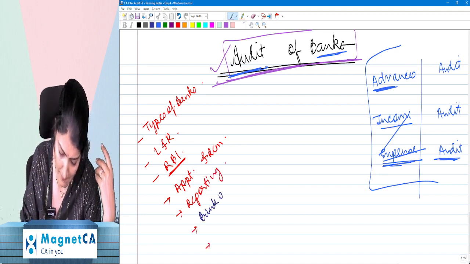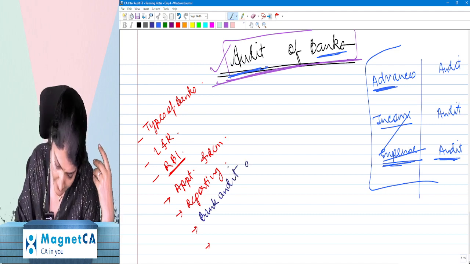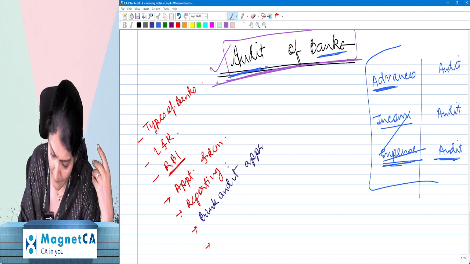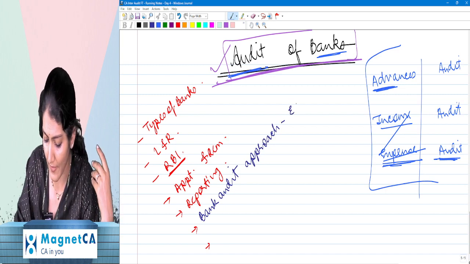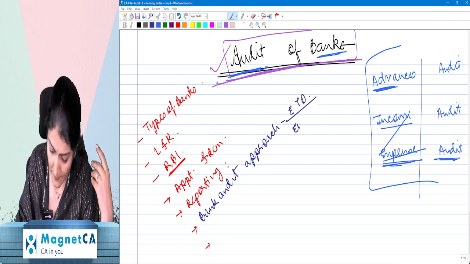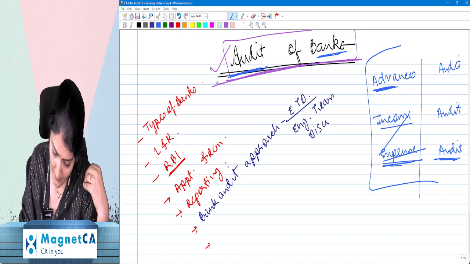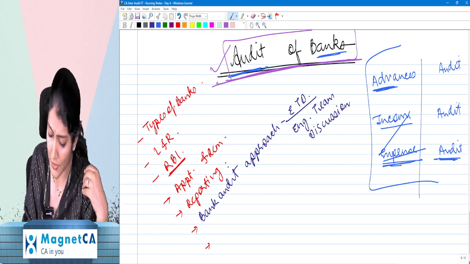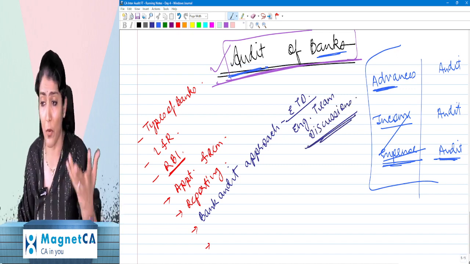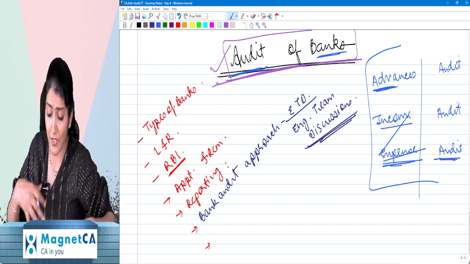One is regarding the bank audit approach, and in this approach we have an important discussion regarding the ETD. What is ETD? It is the engagement team discussion. Say there are 70 members in your engagement team who are going to do the bank audit, so should there be a discussion amongst them?